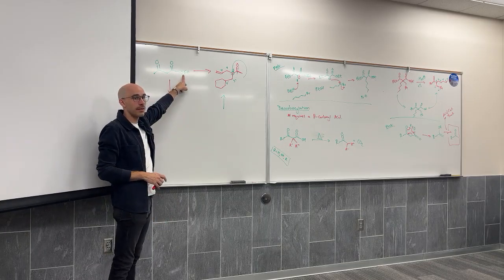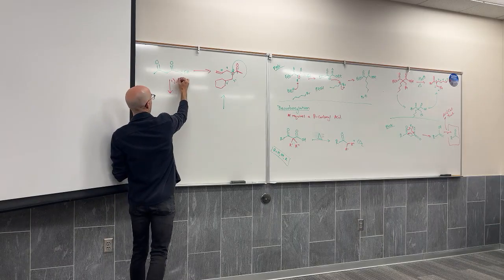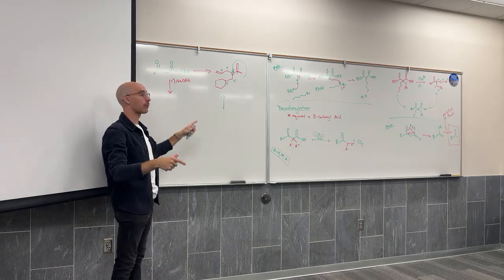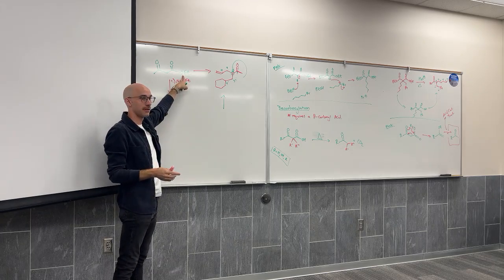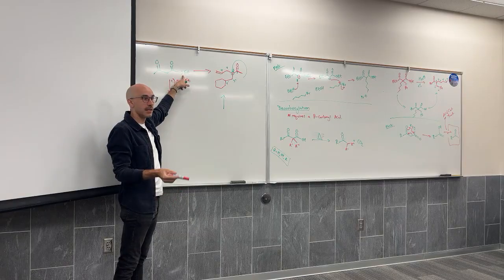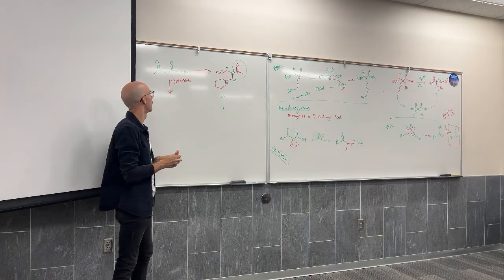I decided to go with an ethyl ester, which means that my base has to be ethoxide. But if you went with a methyl ester, you have to go with methoxide. It's not wrong if I do an ethyl and you do a methyl. It's wrong if you do a methyl but use ethoxide.